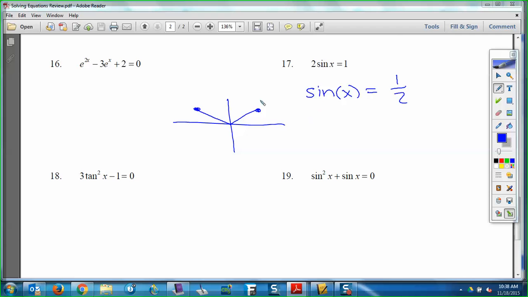Over here. Sine is positive in these two quadrants. 1/2, that would be pi over 6. Sine is the y value. So it would be pi over 6, and it would be 5 pi over 6, which is 1 pi over 6 short of pi, which is 6 pi over 6. So the answer would be pi over 6 and 5 pi over 6.